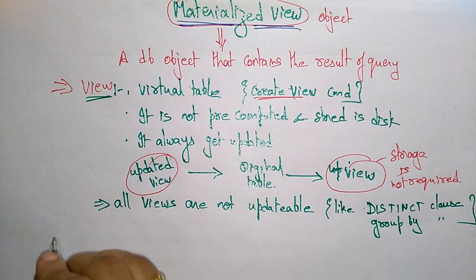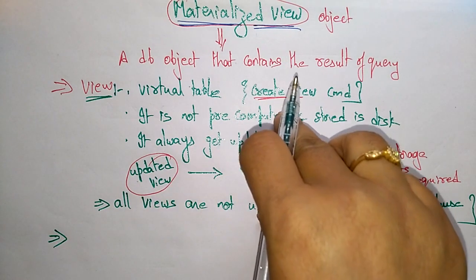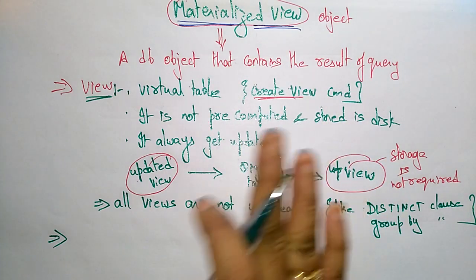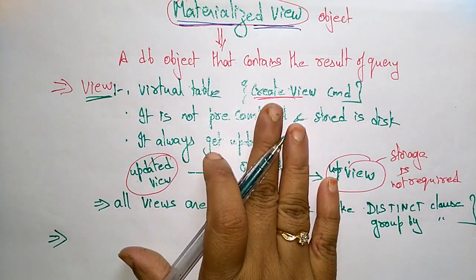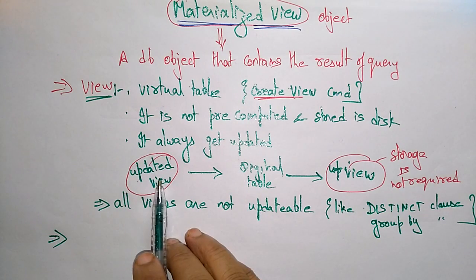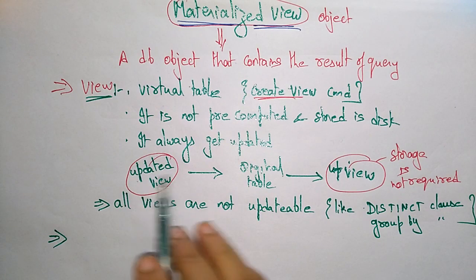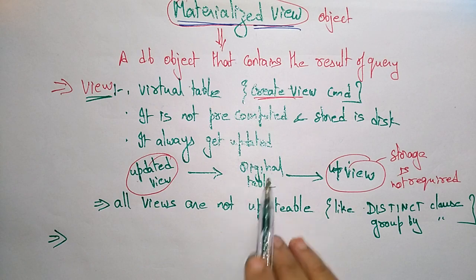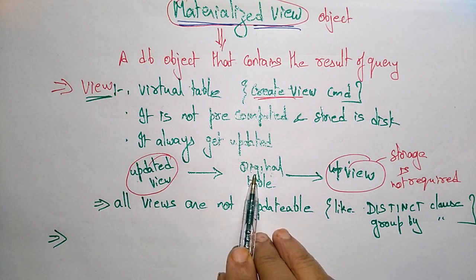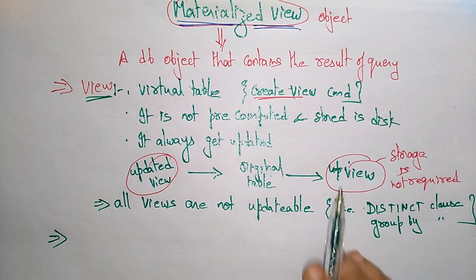Now coming to materialized view. What you have learned about the view is that it is not real, meaning it doesn't require any storage. The view is a virtual table. Whatever values are updated in the view will be reflected in the original table, and whatever changes are made in the original table will be reflected in the view.